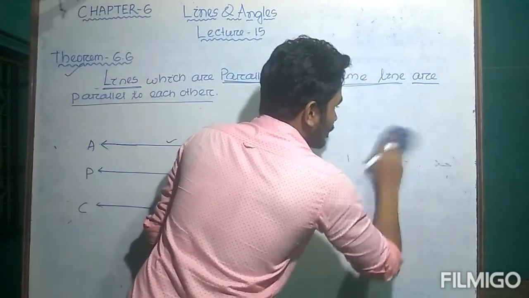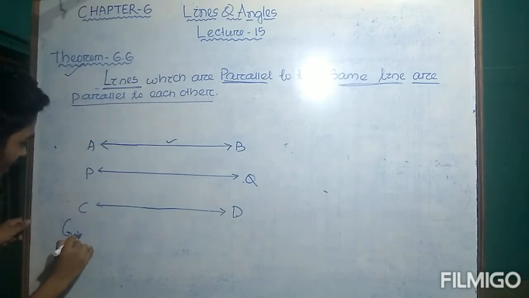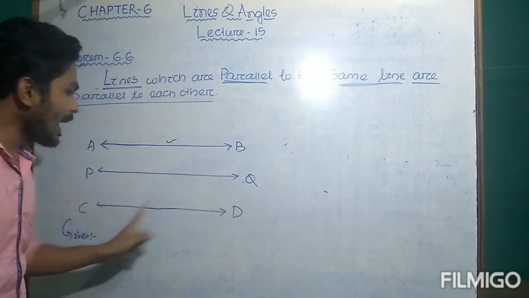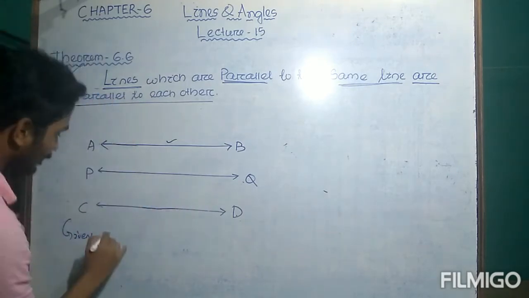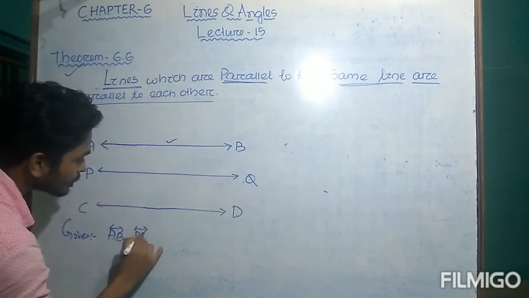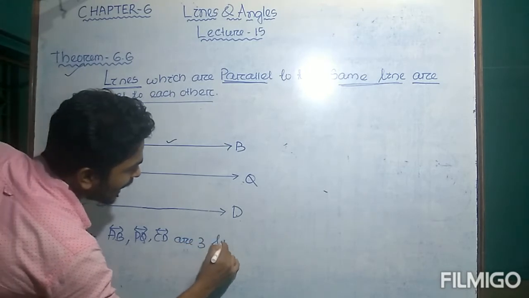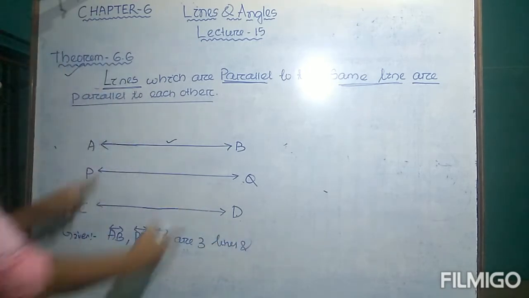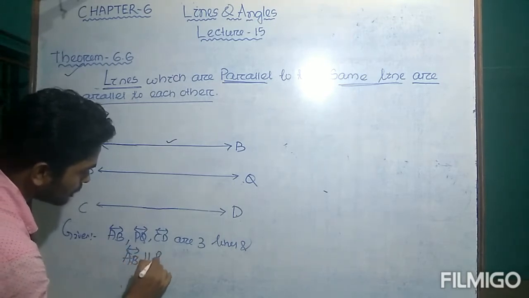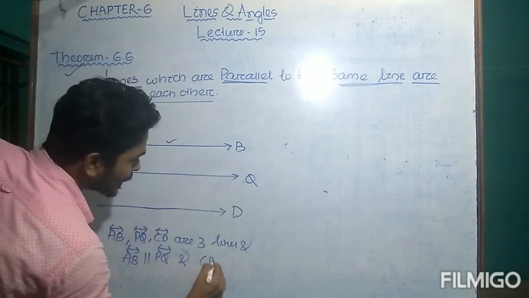First we have to write what is given in the question. Given: AB, PQ and CD are three lines, and AB is parallel to PQ, CD is parallel to PQ.